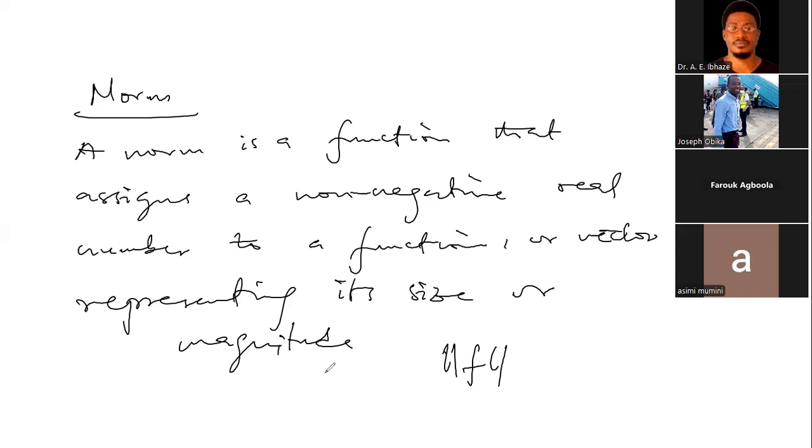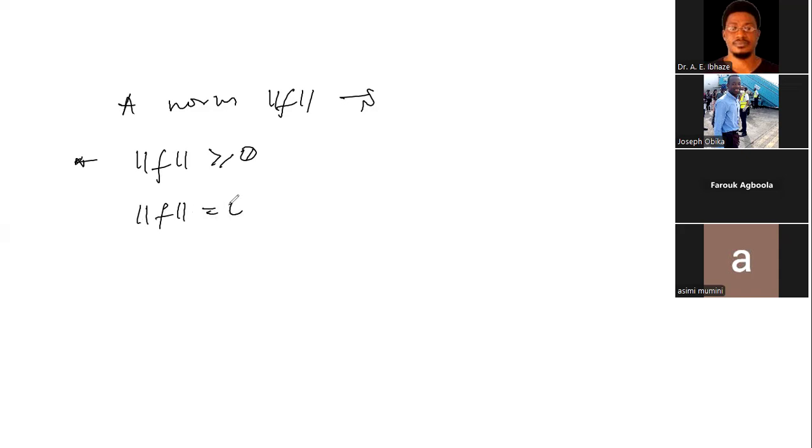Okay, so I'll just take 2 minutes of your time, and then that will be it. So now we say that a norm of f must satisfy, one, that the norm of the function must be greater or equal to 0 for all vectors f in the space, and also the norm of f can only be 0 if and only if f is the same as 0, and we call this the non-negativity condition.